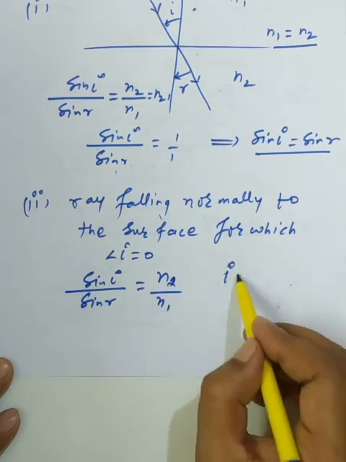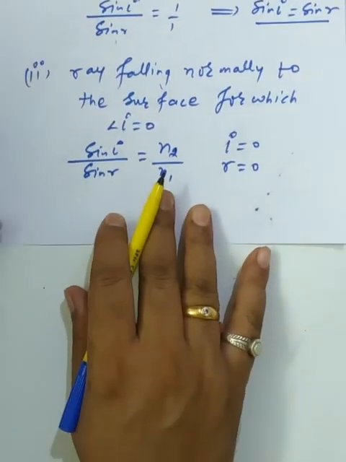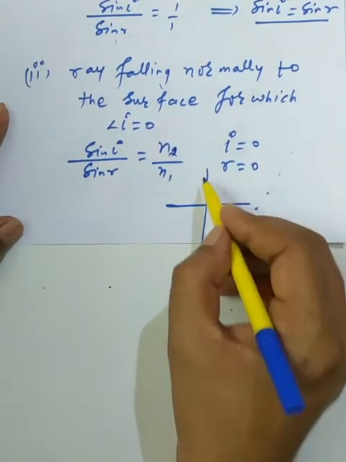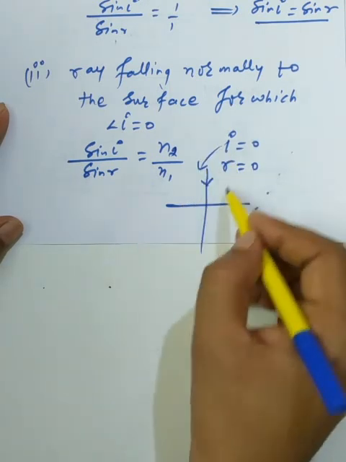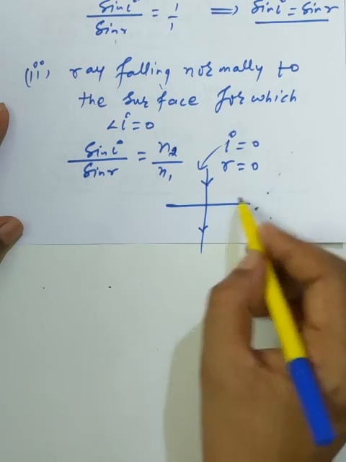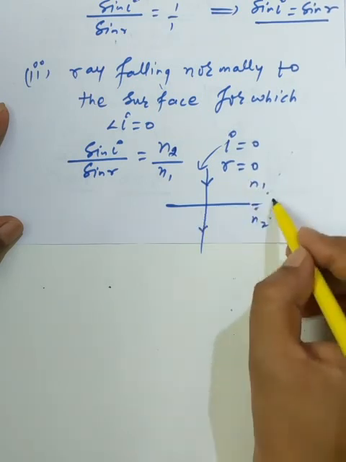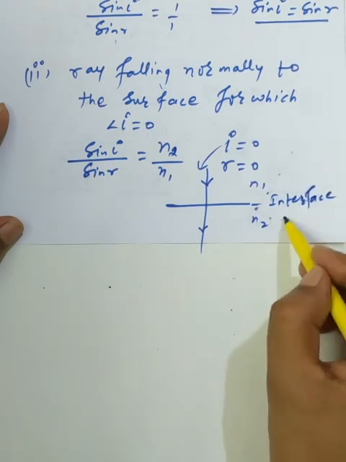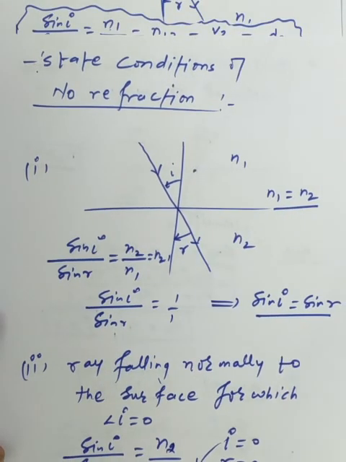If i is equal to 0, then r will be 0. So easily we can draw this diagram. The ray is normal to the surface, so angle i is 0 and angle r will also be 0. This one is medium 1, this one is medium 2, and this is the interface surface.